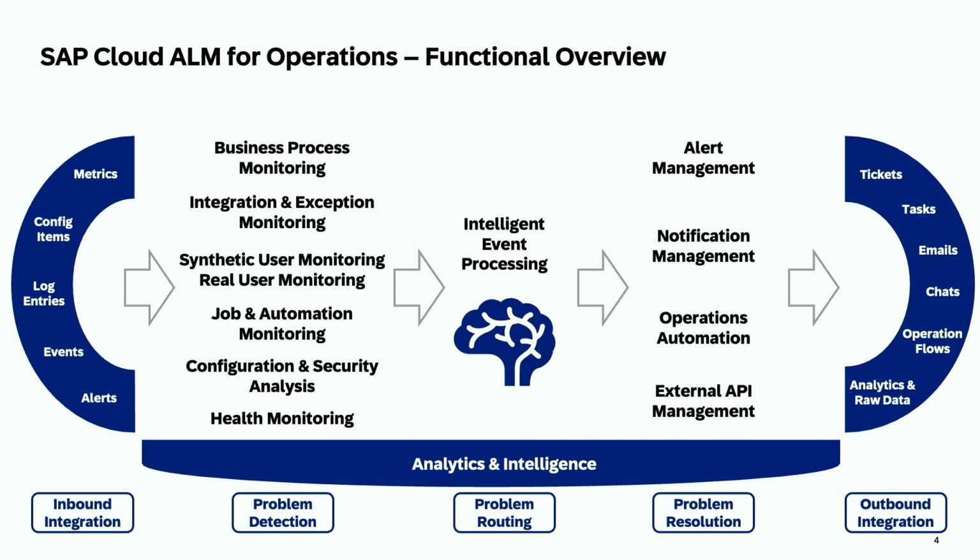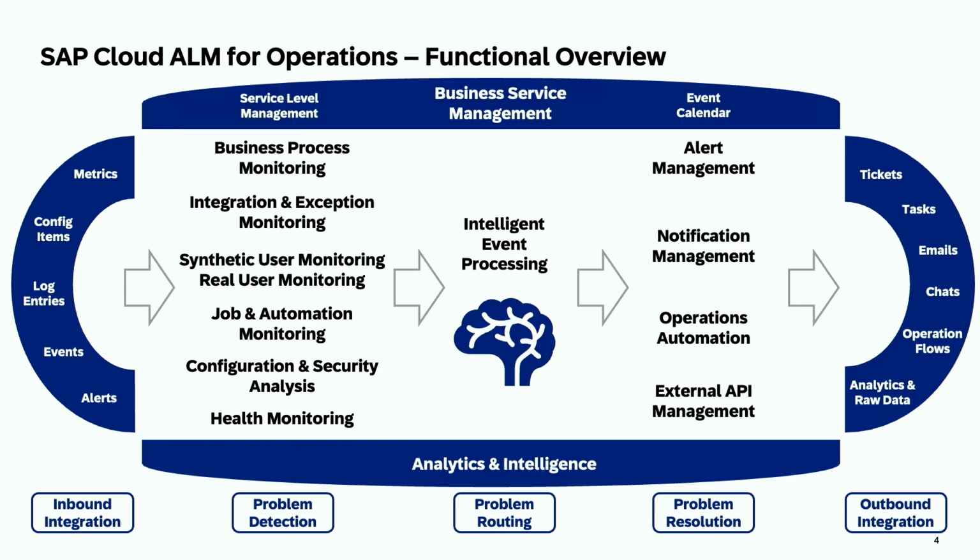We have then cross analytics and intelligence, embedded analytics in the different use cases, and intelligence AI plays a bigger and bigger role. Classical AI we started with, threshold determination is a topic here, but also Gen AI is in scope, and we have the first use cases implemented as was shown already at the keynote. And across, we also have business service management.